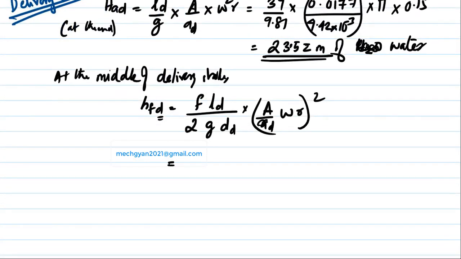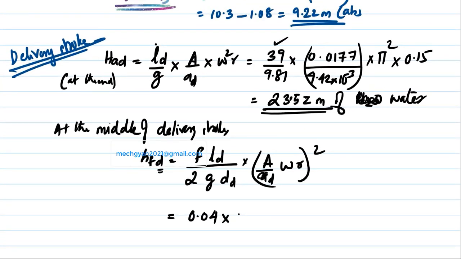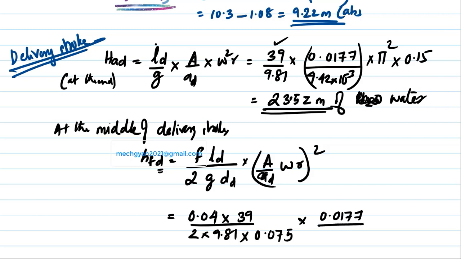So that is equal to 0.04, Darcy's friction factor has come, length 39, this is written above here, length 39 by 2 into 9.81. Diameter of delivery stroke is 0.075, same as section, into area given, 0.0177 by 4.42 into 10 power minus 3 into pi into 0.15 whole square.